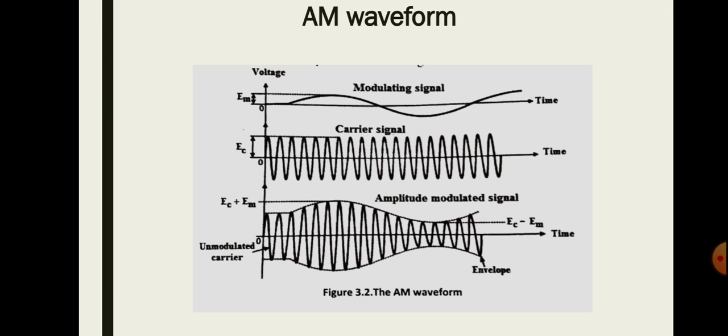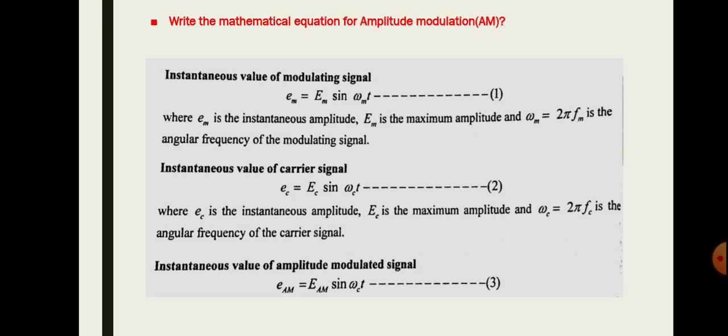Similarly, we can write the equation for instantaneous value of the carrier signal. See, this is the carrier signal and its frequency we can represent as Fc. Similarly, its angular frequency will be omega c, and omega c is equal to 2 pi into fc, and its maximum amplitude is EC. So we can write the instantaneous value of the carrier signal as ec equal to capital EC into sin omega c t, where capital EC is the maximum amplitude of this carrier signal and omega c is the angular frequency of the carrier signal, and it has a value omega c equal to 2 pi into fc.